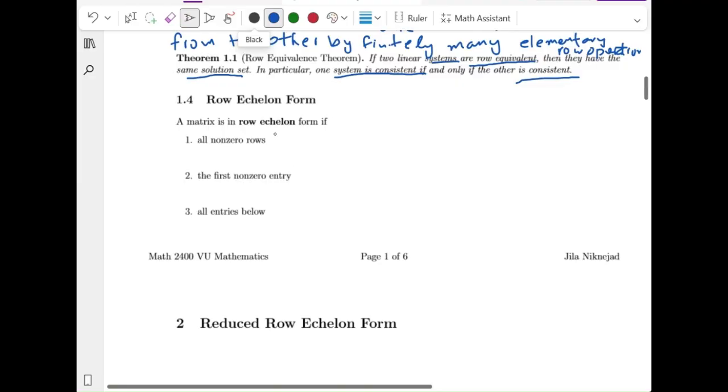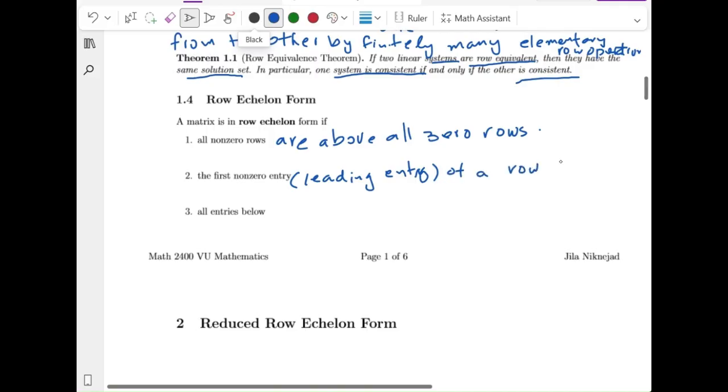So let's remember what the row echelon form is. A matrix is in row echelon form if all non-zero rows are above all zero rows, and if the first non-zero entry, which we call the leading term or leading entry, of a row is to the right of the leading entry of the previous row.